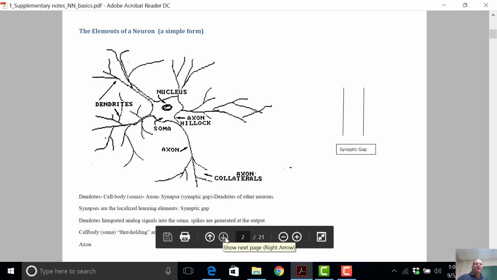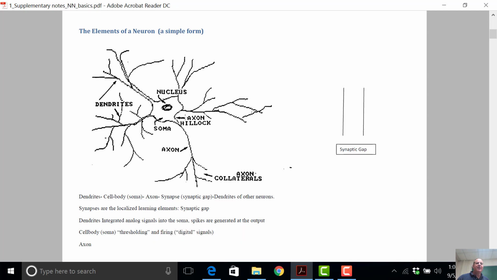The soma integrates all these incoming signals from the branches, then it initiates at the axon hillock a spike, which is a representation that the incoming data is, in a simple way, above a certain level. So the creation of spikes happens at the axon hillock, which is the beginning of the axon.